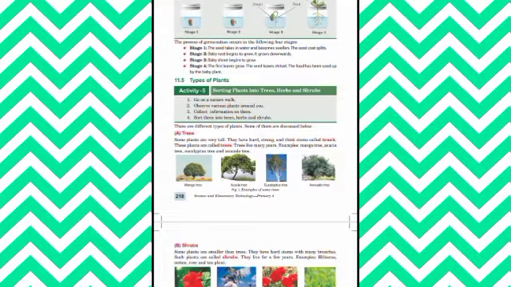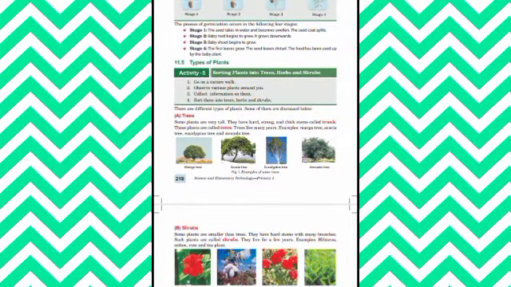It grows downwards. Stage number 3, the baby shoot begins to grow. And stage 4, the first leaves grow. The seed leaves shrivel. The food has been used up by the baby plants.